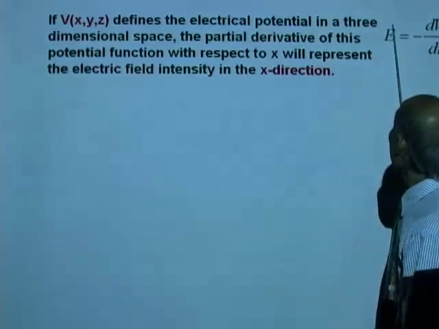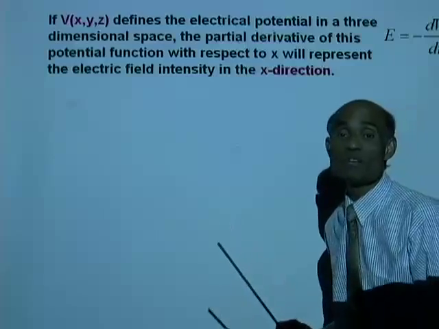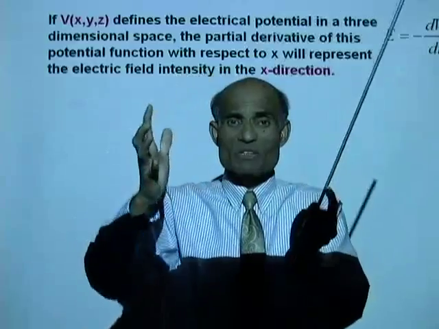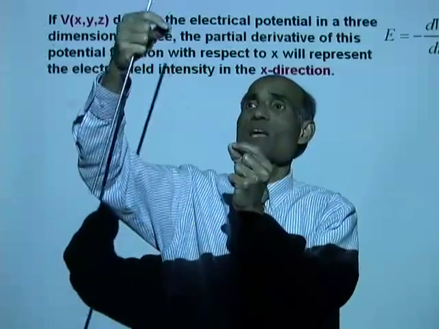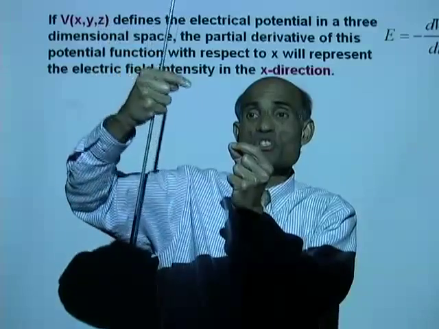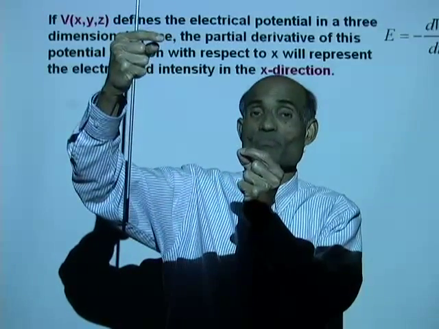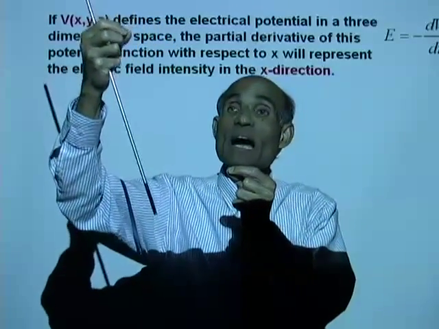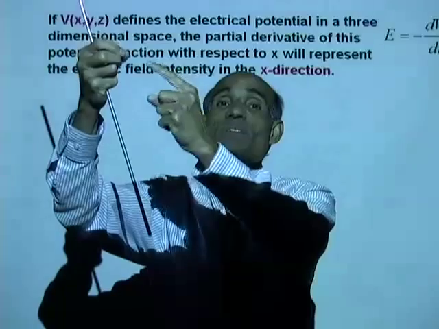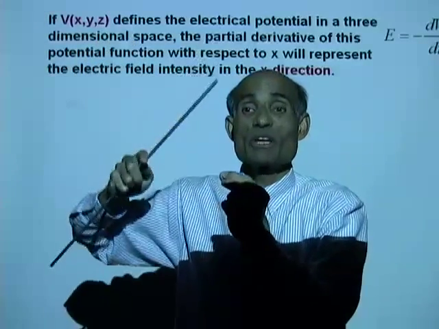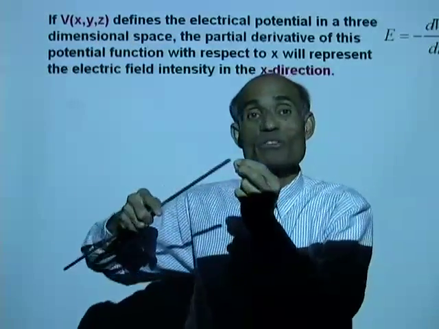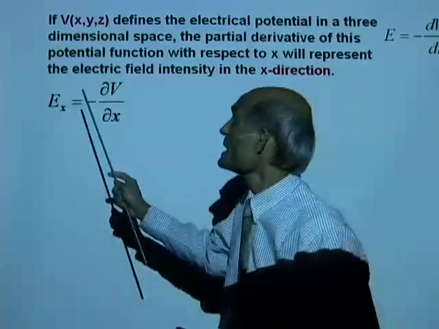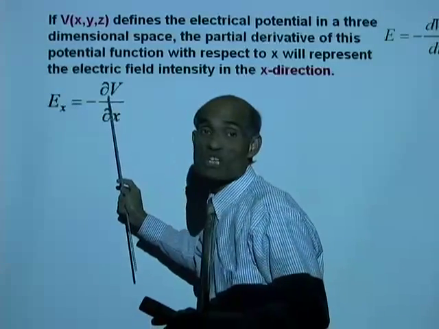Now that is the meaning of E equal to dV by dr. If we have an electric field in a region and you take a point at a distance r from the origin, the electric field at this point is negative dV by dr. And you can express it using x components, y components, and z components. In other words, Ex is negative.